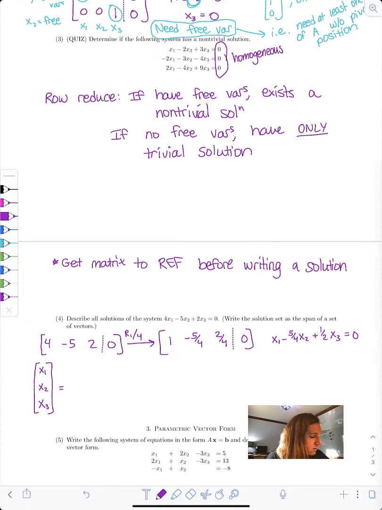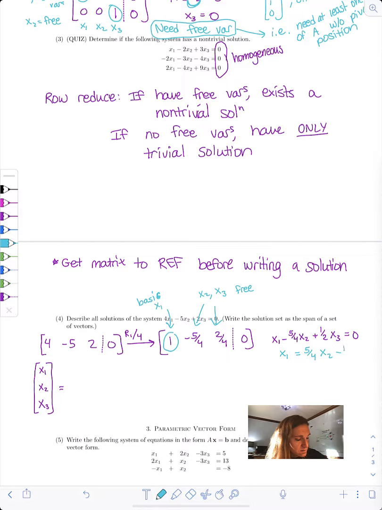And now we know that x1 is our basic variable, and then x2 and x3 are free. So we want to write x1 in terms of our free variables. In general, we want to write our basic variables in terms of our free variables.